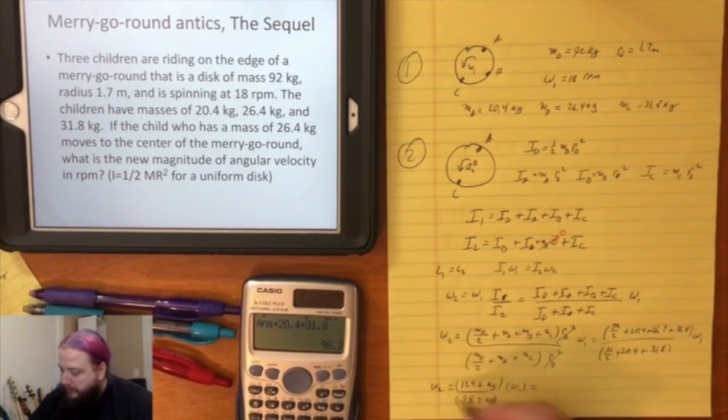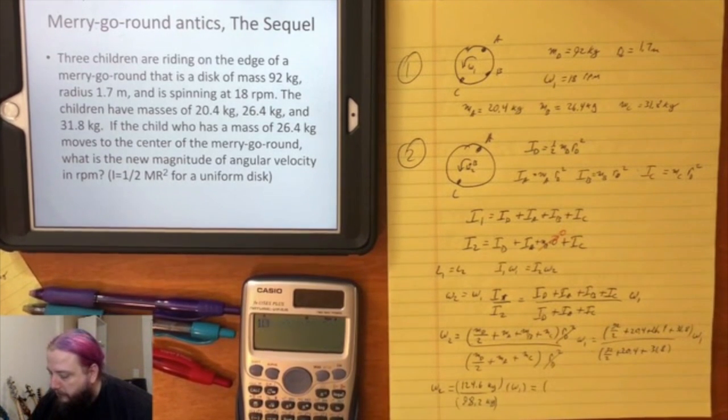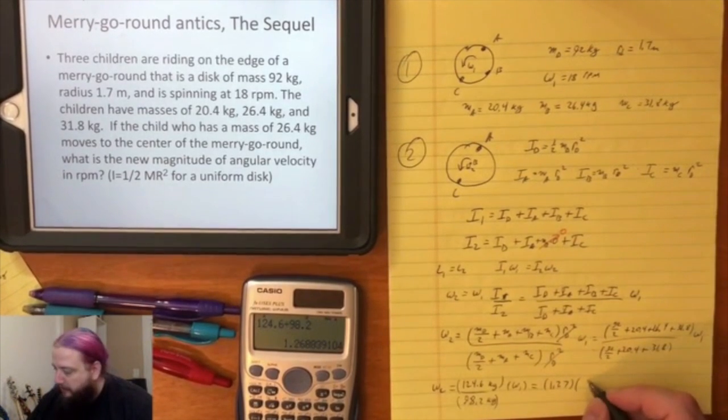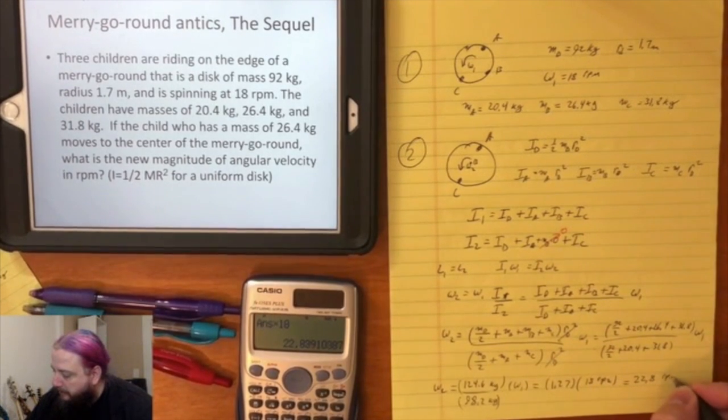So omega 2, let's see, 124.6 divided by 98.2 is 1.27 times our 18 RPM, gives us a final answer of 22.8 RPM.